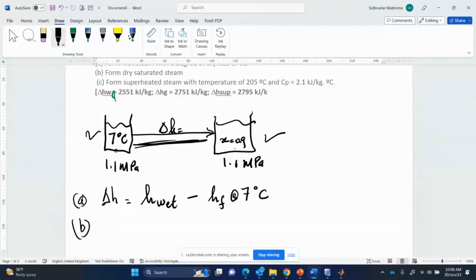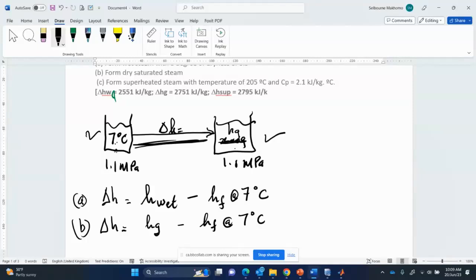B. Now here we don't have wet steam. Now we have Hg, dry saturated steam. So the question says, calculate the amount of heat required to transform water from 7 degrees Celsius to the dry steam. So the difference between dry steam and water at 7 degrees Celsius is what we are looking for. So delta H again is going to be Hg minus HF at 7 degrees Celsius.